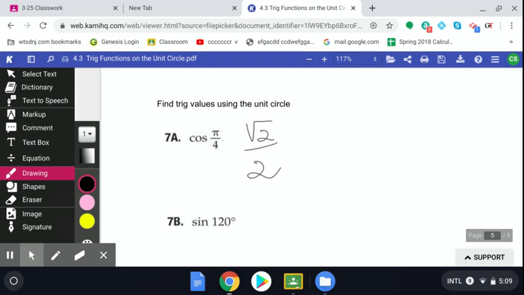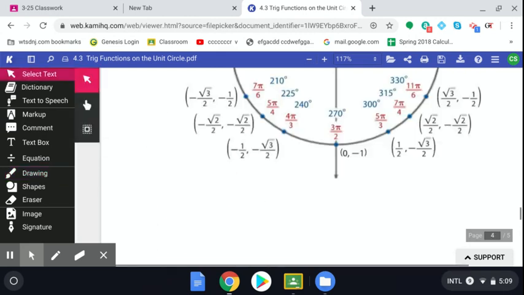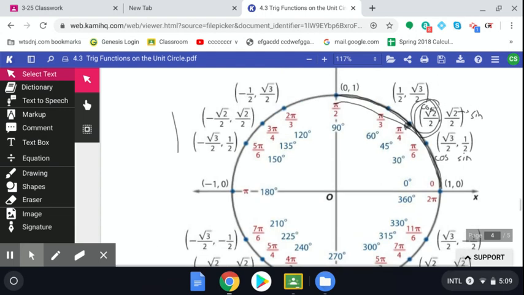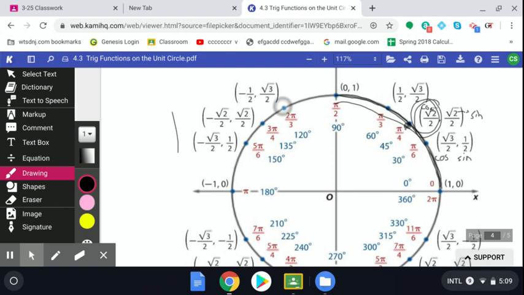Then we have to figure out what sine 120 is. So sine 120, I'm going to go back here. 120 degrees is, we should look at the blue one. It's over here because this is 90 plus 30, 120, which is also 2 pi over 3. What were they asking for, cosine or sine?